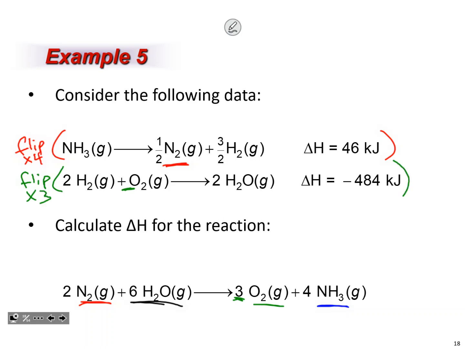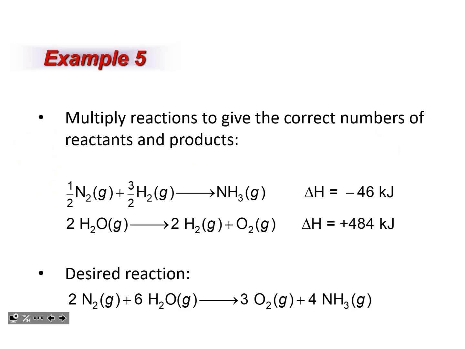So everything, including the delta H, gets multiplied by 3. So take a moment to flip them and multiply through. Alright, we flip them, we multiply through. Take a moment to do that.